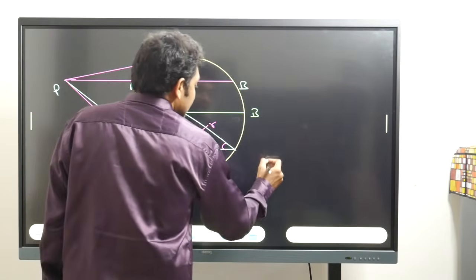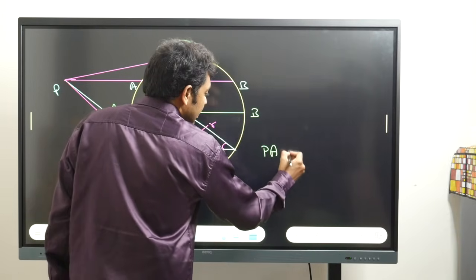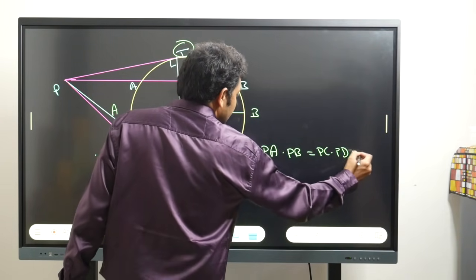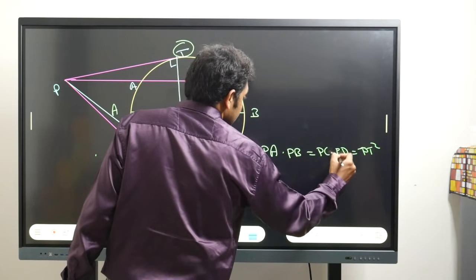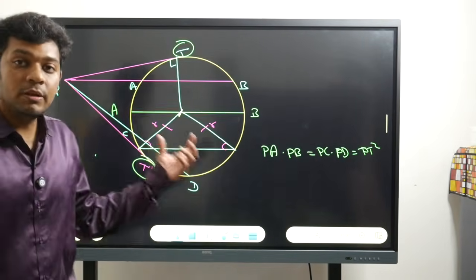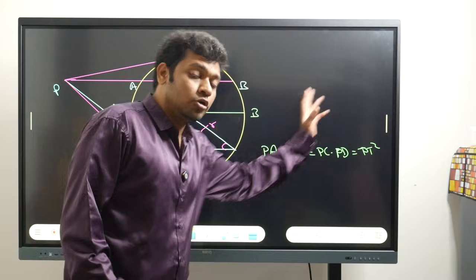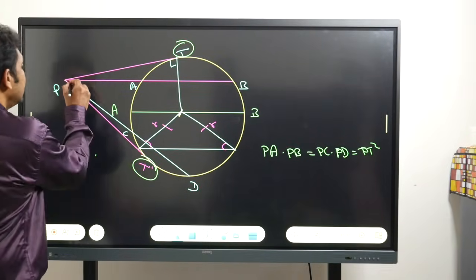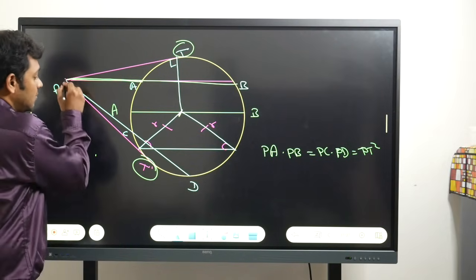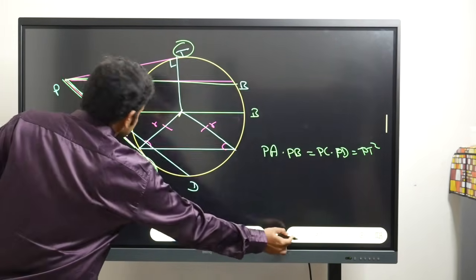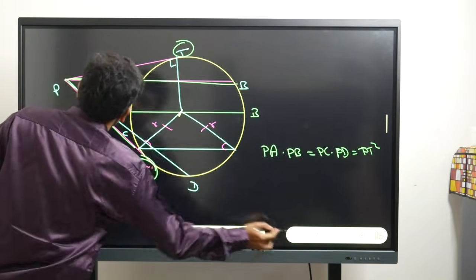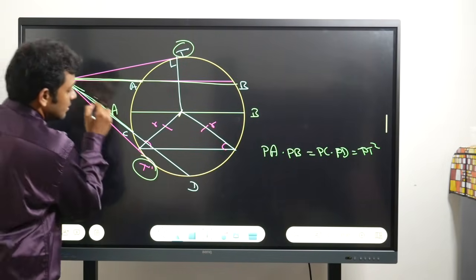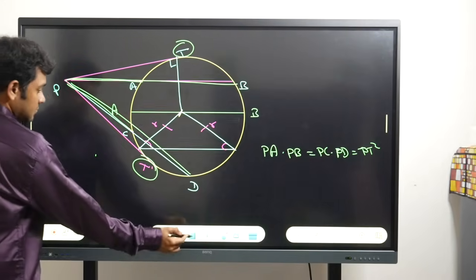Now there's something called the secant rule and tangent rule. PA into PB is equal to PC into PD, that is equal to PT square. PA into PB is equal to PC into PD, that's the secant rule, that is equal to PT square, where PT is the length of the tangent, PA is this length, PB is this length, of the secant. PC is this, PD is this.